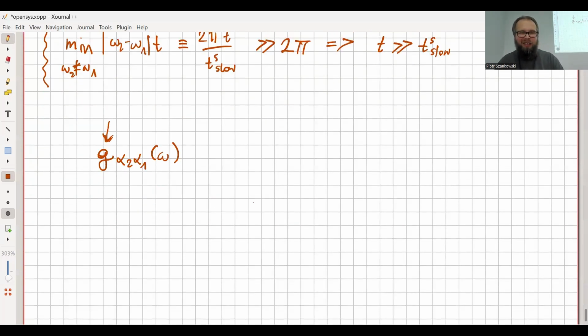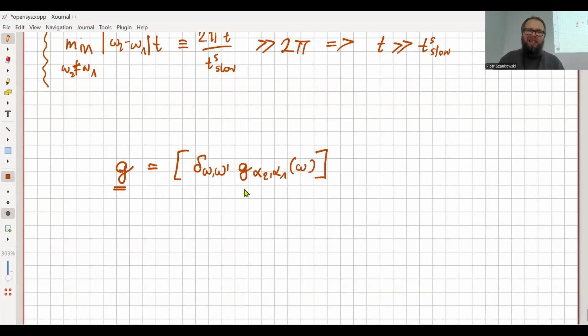So let me erase this, let's not confuse that. Let me define a matrix G, it's supposed to be in boldface font. I will define it as a matrix made out of those coefficients here, so it's block diagonal in omegas, but in alphas it's not.